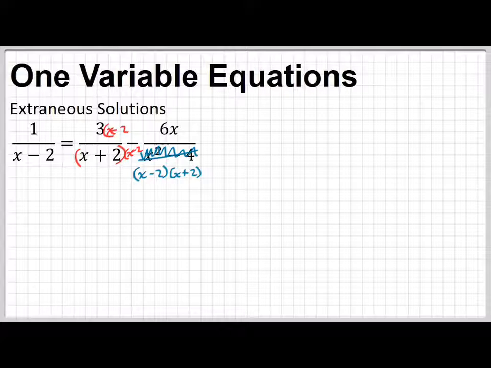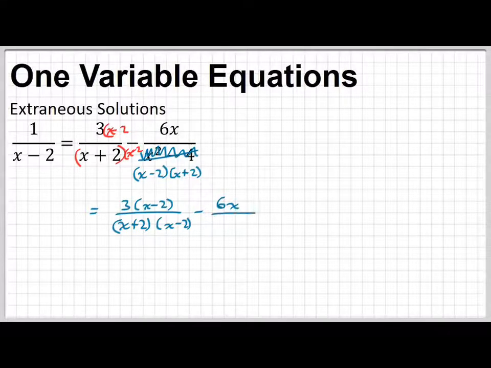Oh man, this is starting to look kind of sloppy. Let's rewrite this. We have 3 times x minus 2. On the bottom, we're multiplying it by x minus 2. And then we have 6x, our factored denominator, x minus 2, x plus 2.